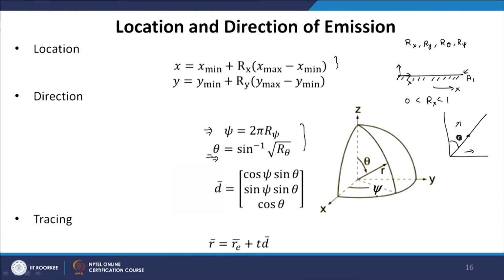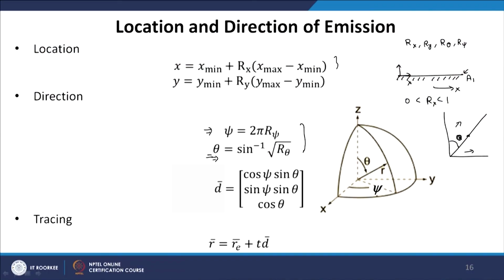So, sin theta is basically under root of R theta. Based on this relation we can calculate the polar angle, and then we can define the direction of motion n as cos psi sin theta, sin psi sin theta and cos theta. So, this is going to be our direction of emission Sij.